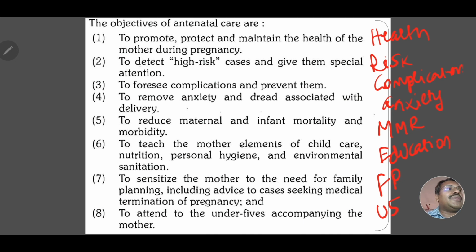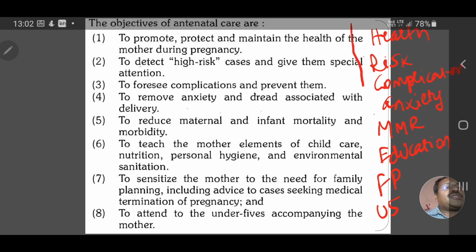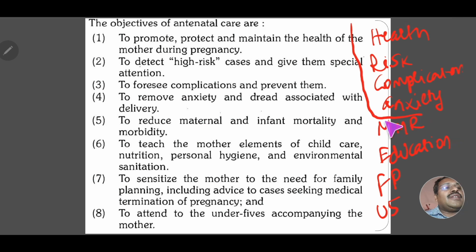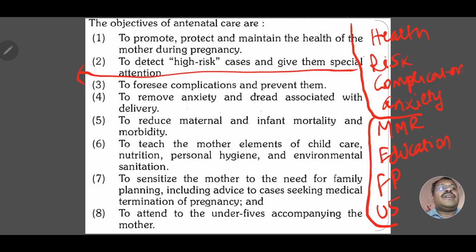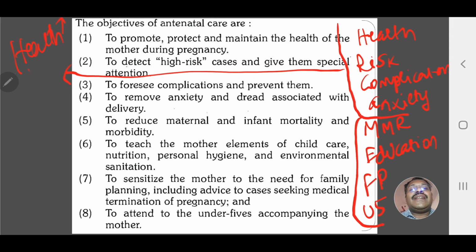So how to remember this? I suggest that you first combine the first 4 points and create a mnemonic, and then the next 4 points and create another. The first 4 points we can write like this: health will be more when there is less risk, less complications and less anxiety.